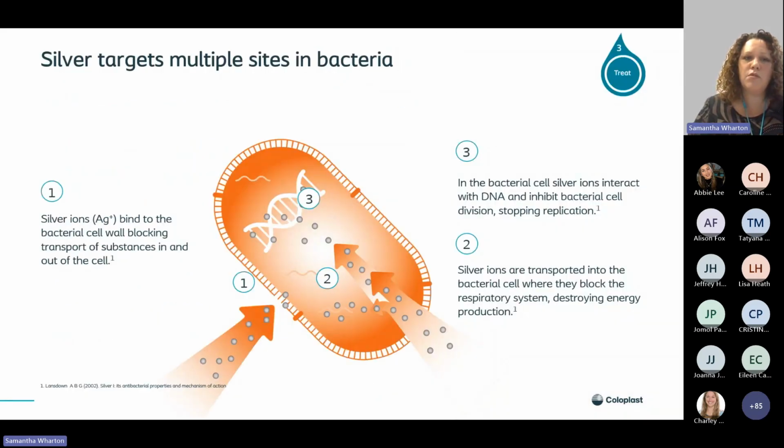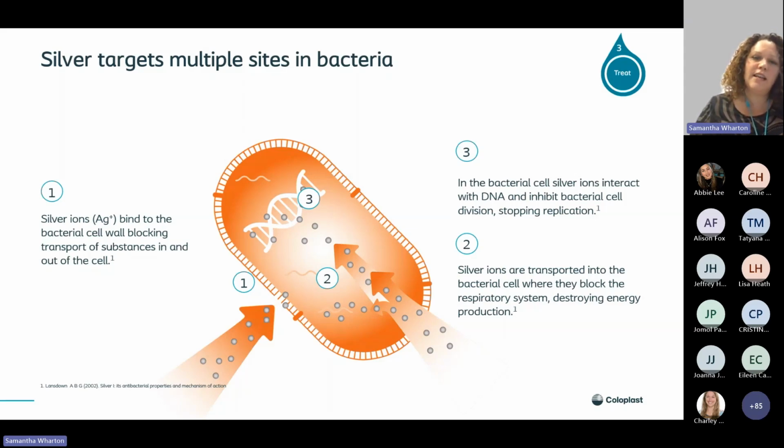So silver targets multiple sites in bacteria. It has 3 modes of action. The first mode of action is it binds to the bacterial cell wall and blocks any transportation of substances in and out of the cell. Then its second mode of action is it's transported into the bacterial cell where it blocks the respiratory system, therefore destroying the energy production for that microorganism.